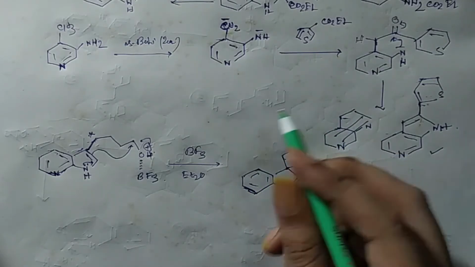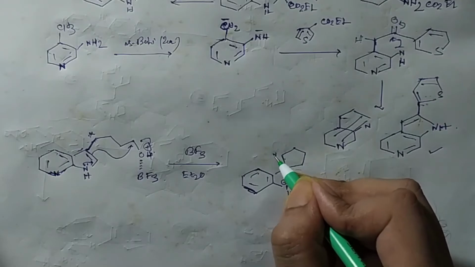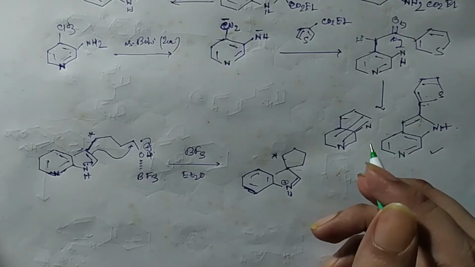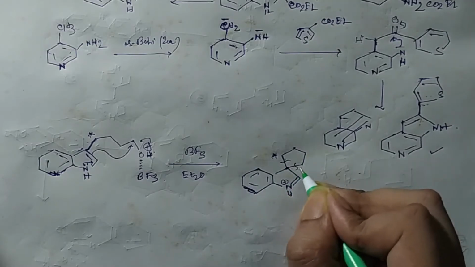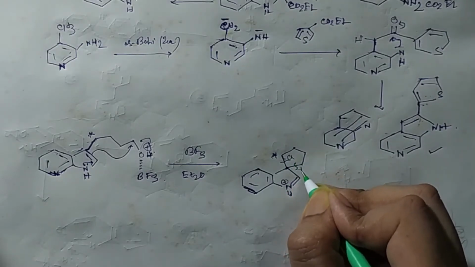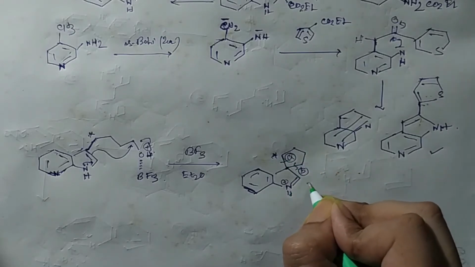One of the carbons was marked, so it will be either this or this. Now a bond cleavage occurs, either this bond cleaves or this bond cleaves. If this bond cleaves, this is pathway A, this is pathway B, so we get two products.